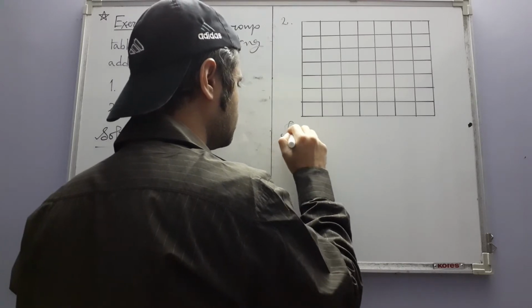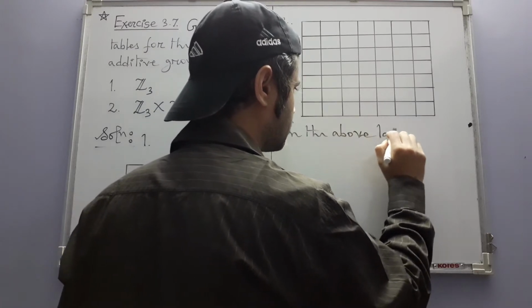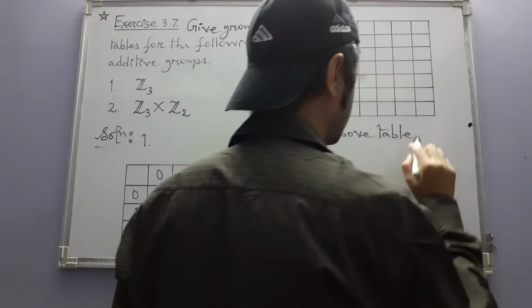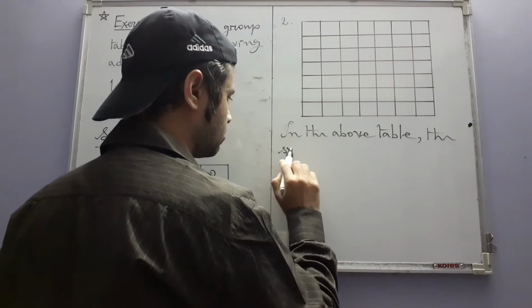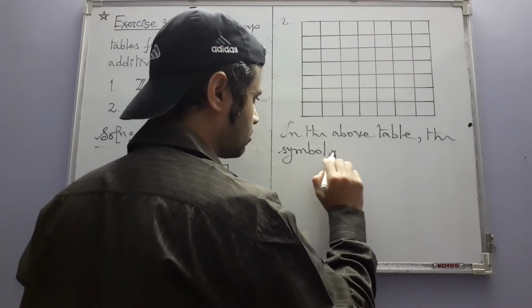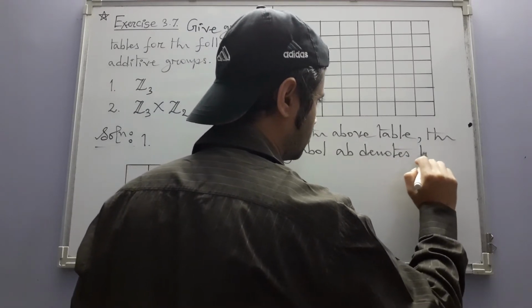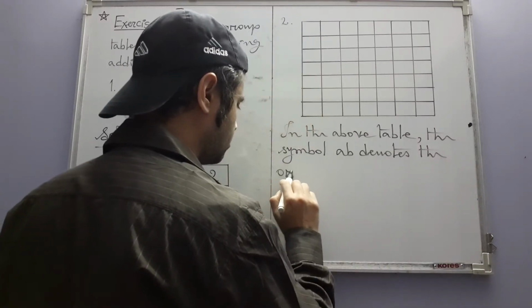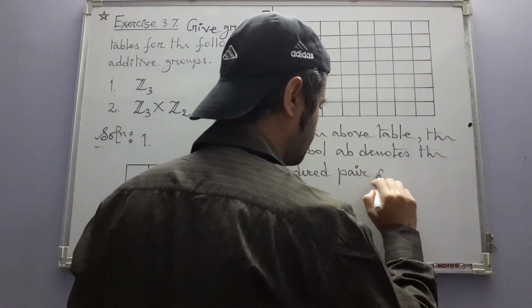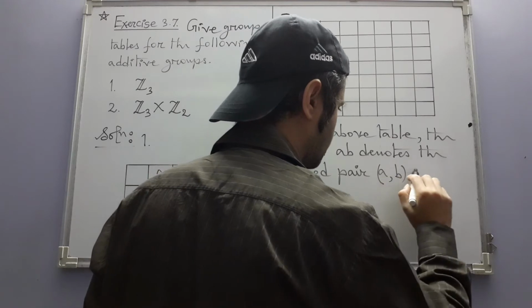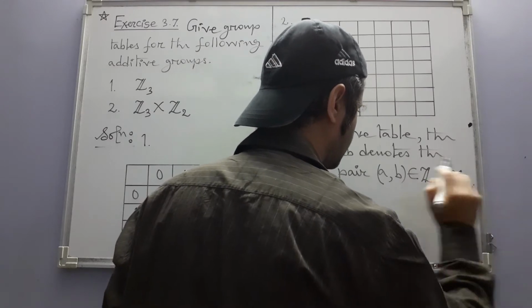In the above table, the symbol AB denotes the ordered pair (A, B) belonging to our Cartesian product.